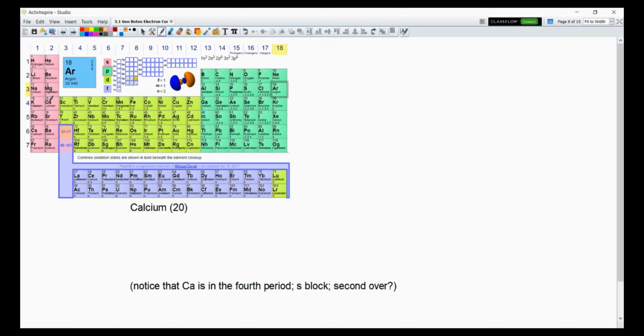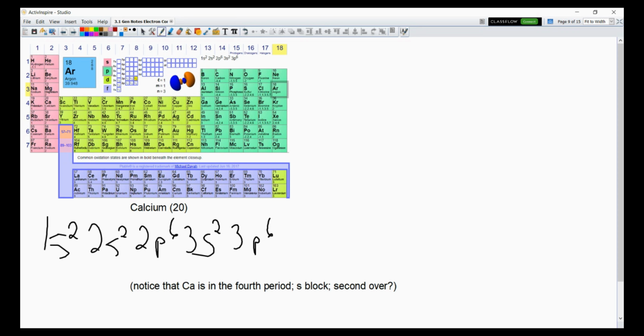All right, calcium is number 20, so it's right here. So we have 1s2, 2s2, 2p6, 3s2, 3p6. Okay, so we've gone all the way through all of these. All right, so calcium is number 20, so it lives on the 4th row.